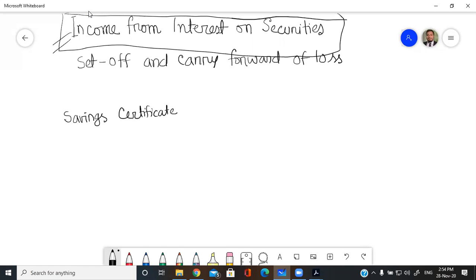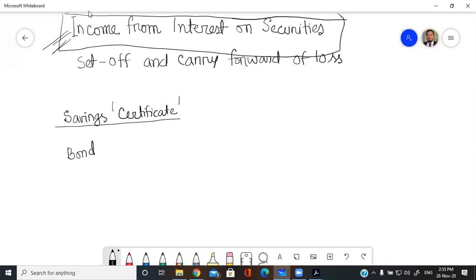That is the income to the person who has bought the savings certificate, and this savings certificate interest income is to be included in the income from interest on securities. Okay. So though the name implies that it is a kind of certificate, in finance terms, it is a kind of government bond. Okay. The periodical coupon payment is available here.